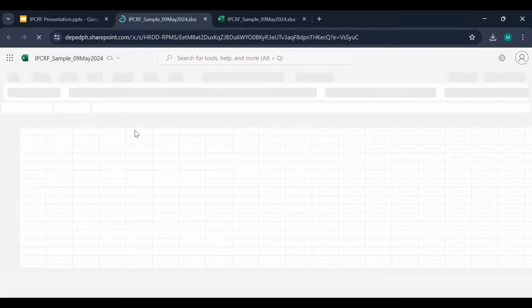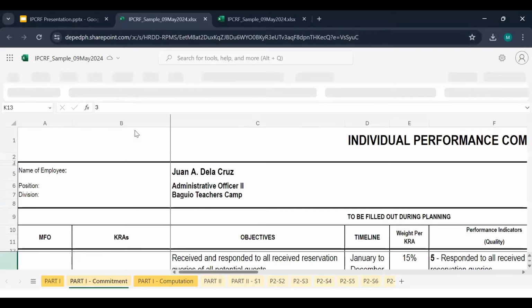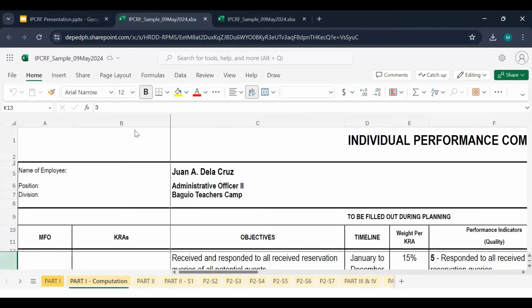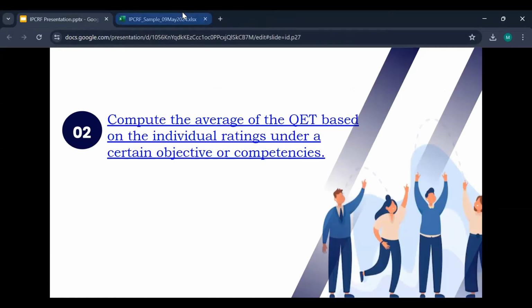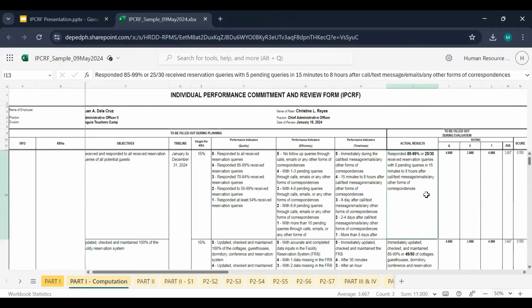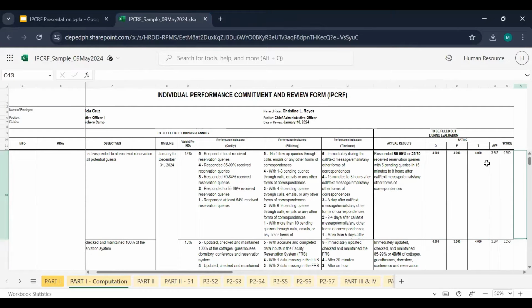For example, the average of the 4.000 under quality, 3.00 under efficiency, and 4.00 under timeliness is 3.667.